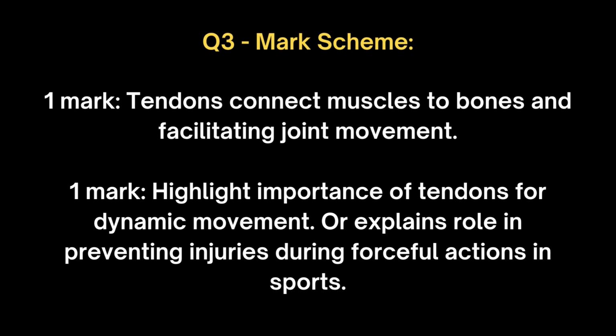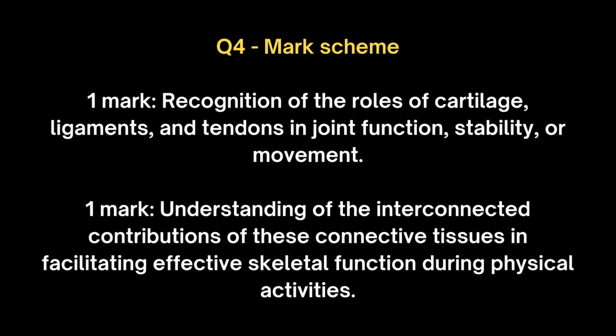Question 3. Describe the role of tendons and explain why they are essential for effective sports performance. 1 mark for tendons connect muscles to bones and facilitating joint movement. 1 mark for highlighting importance of tendons for dynamic movement, or explains role in preventing injuries during forceful actions in sports. Question 4.